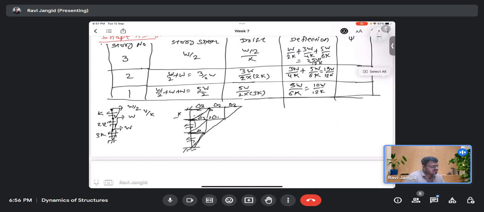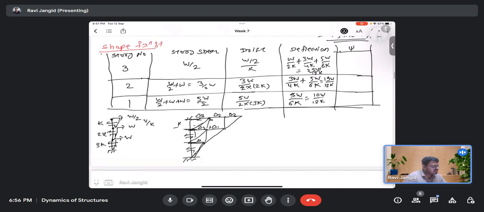So the phi: 25W by 12K is the u, and I need to divide it by the maximum deflection. The maximum deflection is how much? That is the same, so that is divided by 25W by 12K. So that is coming out to be 1. For this one, I need 19W by 12K divided by 25W by 12K. In this, 10W by 12K divided by 25W by 12K.